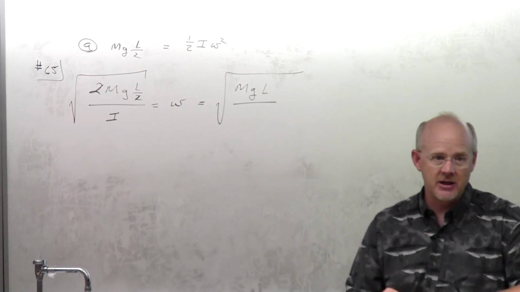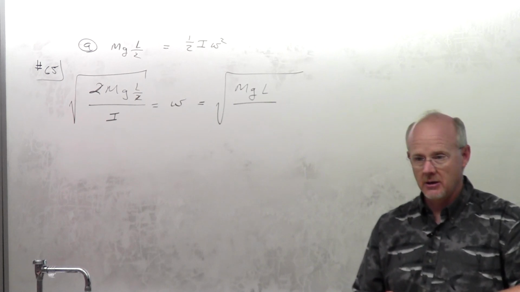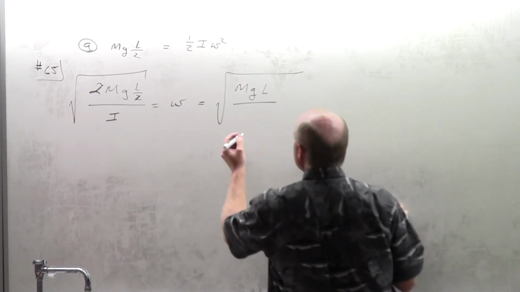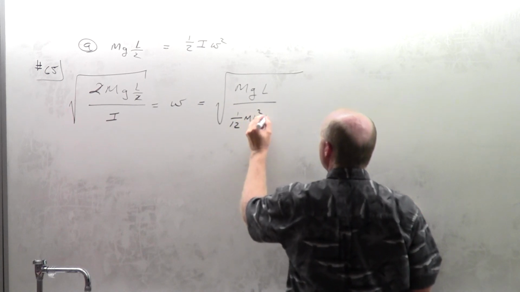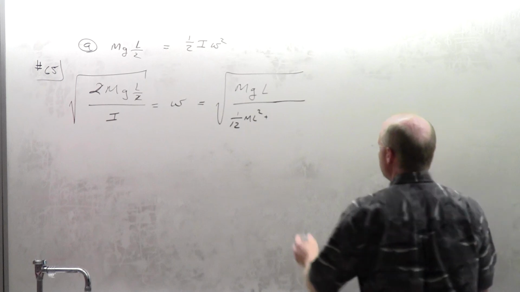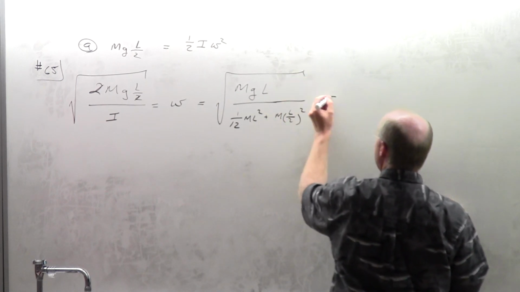Is this rotating about its center? No, so how do we get it off of its center? That parallel axis theorem, exactly. So this needs to be 1/12 mL squared plus, and how far are we moving from its center? L over 2. So this would be m times L over 2 squared.